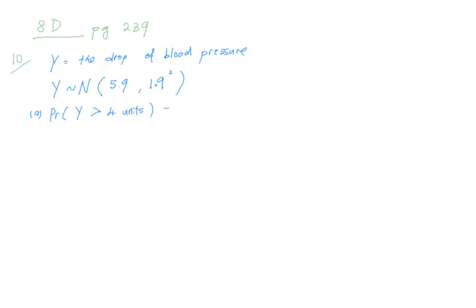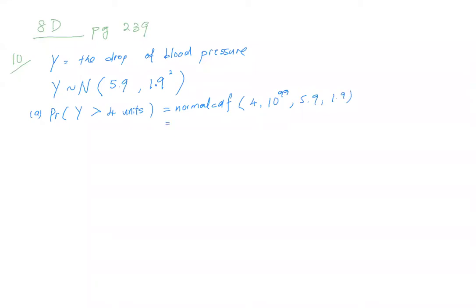You see, we have to be very careful. Normal CDF, 4. It doesn't matter. You just put 10 to the power 99, 5.9, and 1.9.